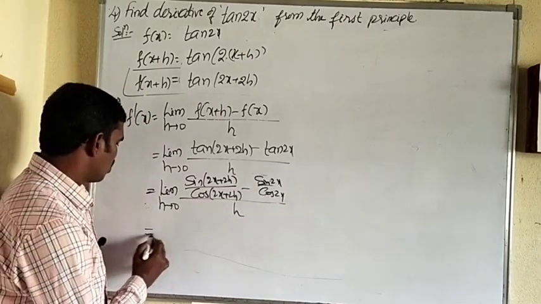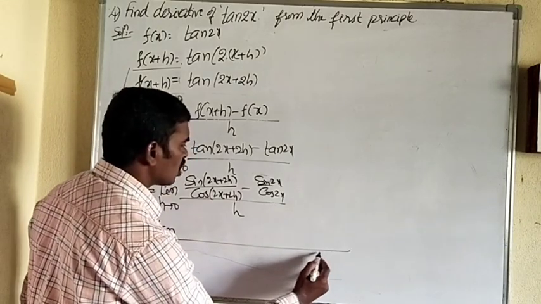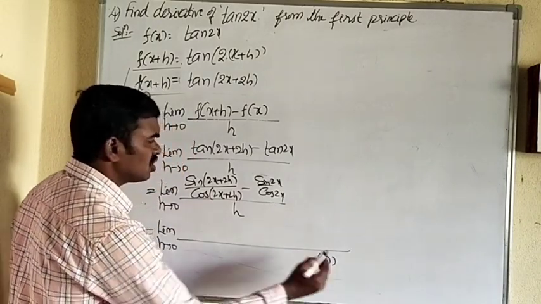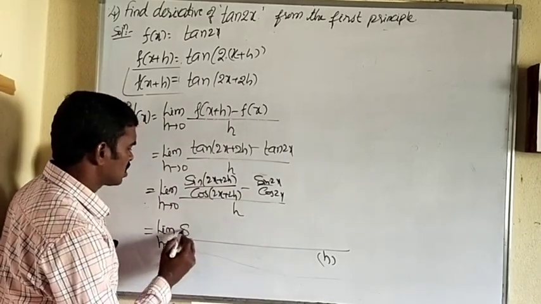So which is equal to limit h tends to 0, and I am writing this h aside. Now cross multiplication, sin into cos, sin into cos.